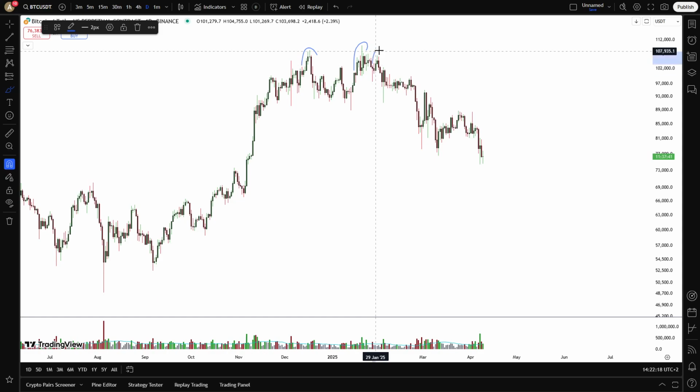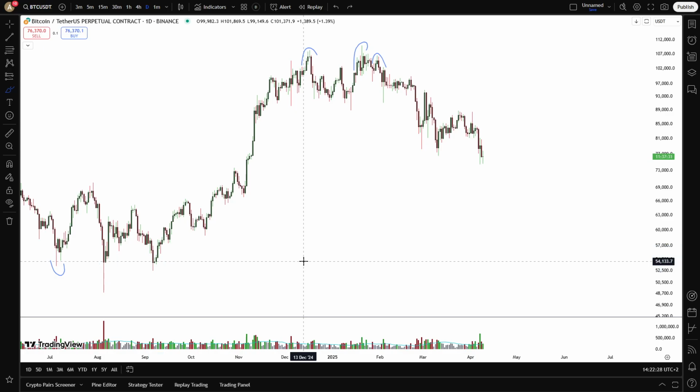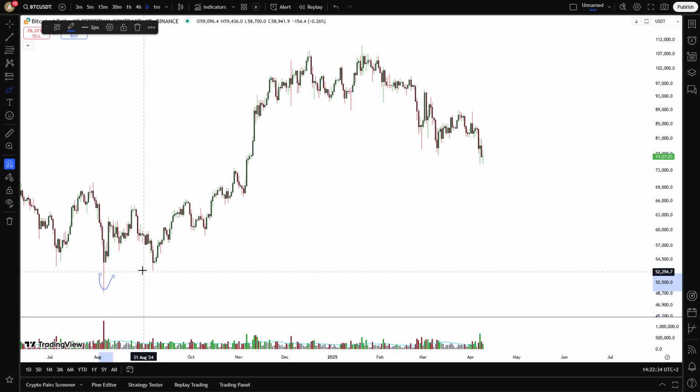It looks like a head and shoulders pattern or inverse head and shoulders pattern, depending on the side that is given. This also can be closer to each other, because like here, you see it is quite lengthy. It's quite far away from each other, right?